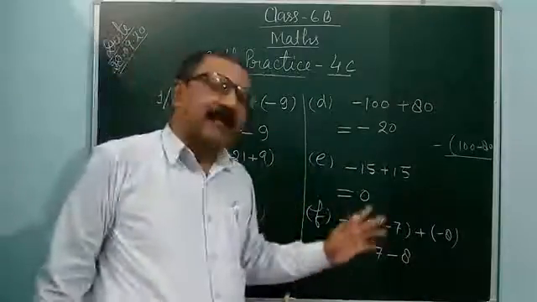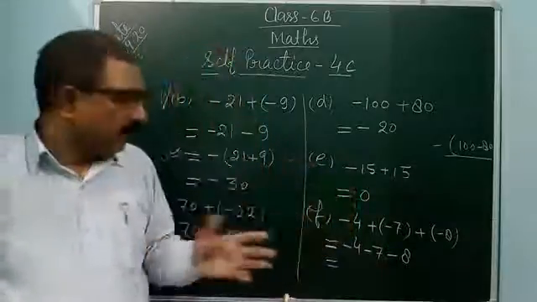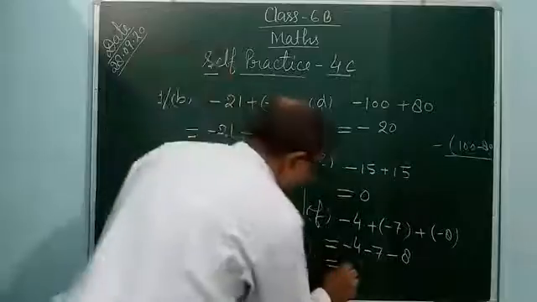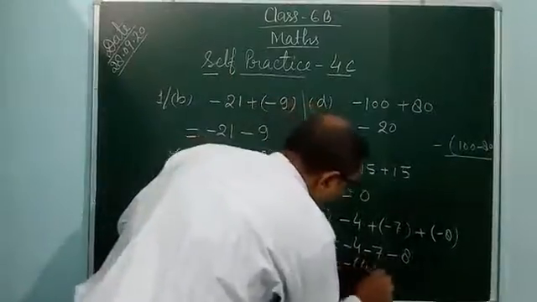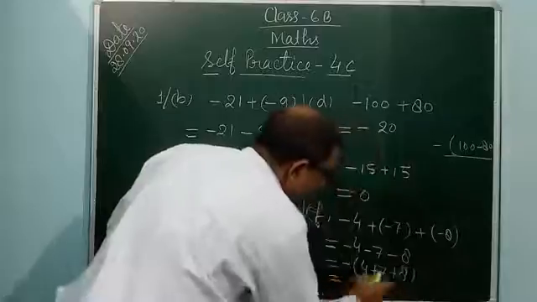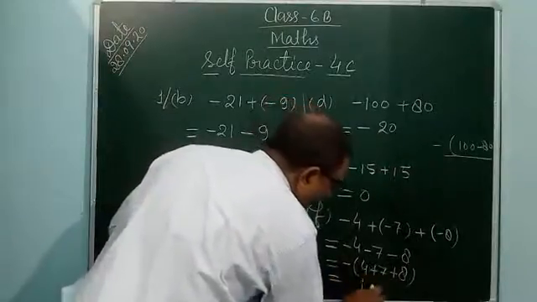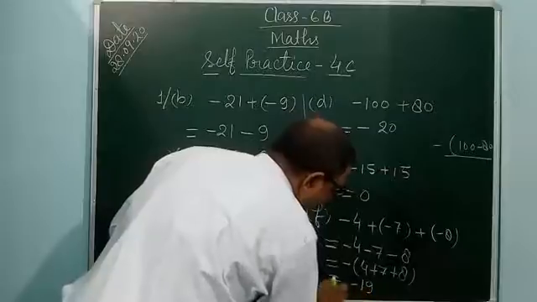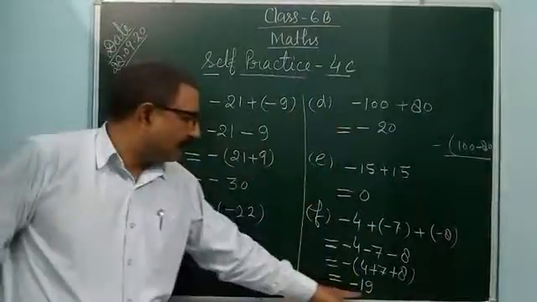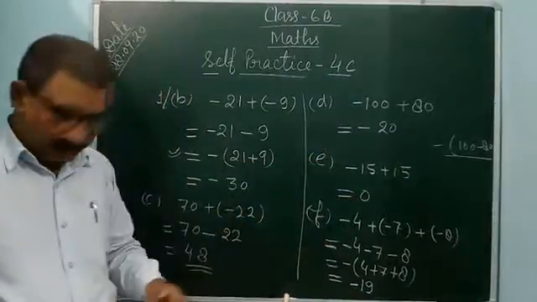Minus 4 is negative, minus 7 is negative, minus 8 is negative. In this way, you can add them together and present with a minus symbol. Minus 4 plus 7 plus 8. After that, 8 and 7 is 15, 15 and 4 is 19. So the answer is minus 19. In this way, you can solve the question.